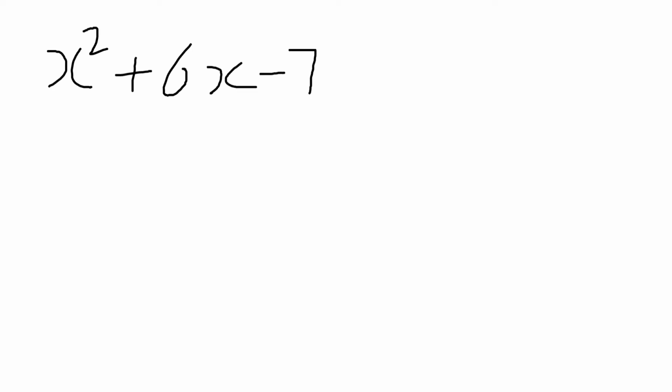Given x squared plus 6x minus 7 equals 0. Obviously, this is a quadratic equation because the highest power of our variable x is 2, and our a is 1.